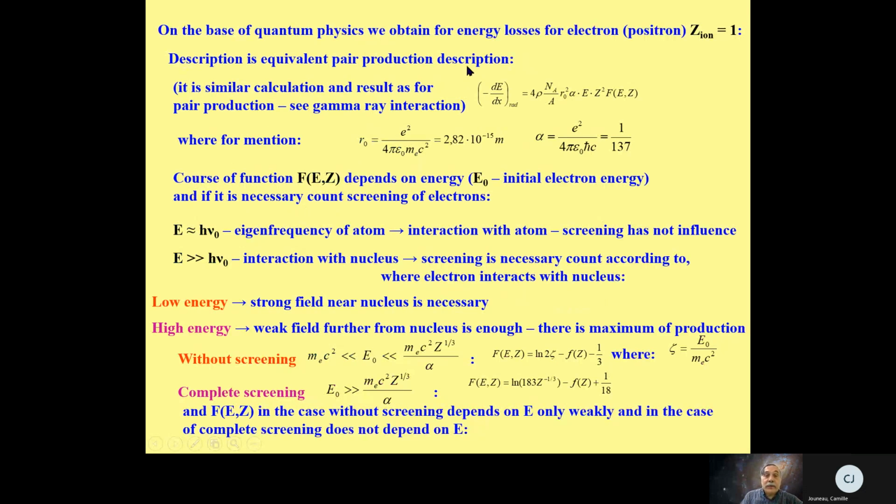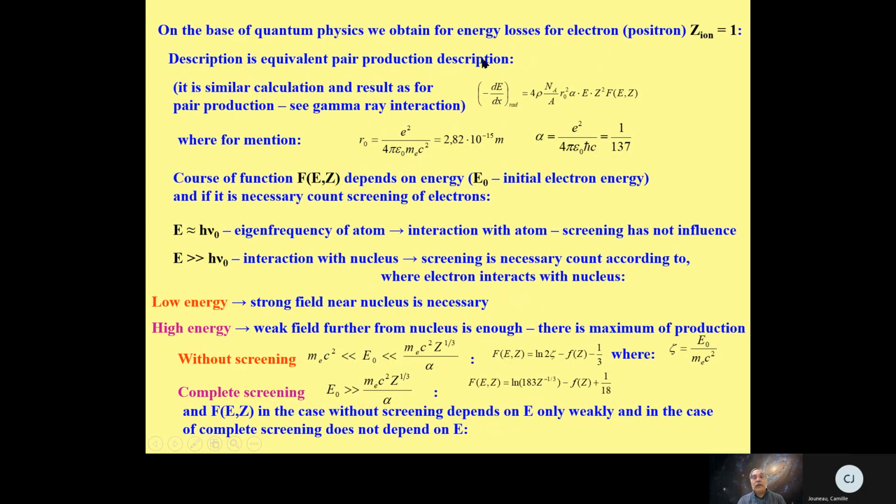Okay, that's the energy losses of electron and positron. The charge of the particle is the charge of the electron, and this description is equivalent to the description of pair production.